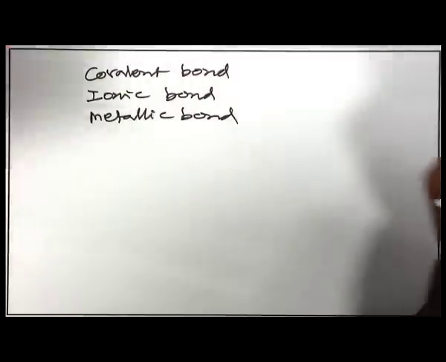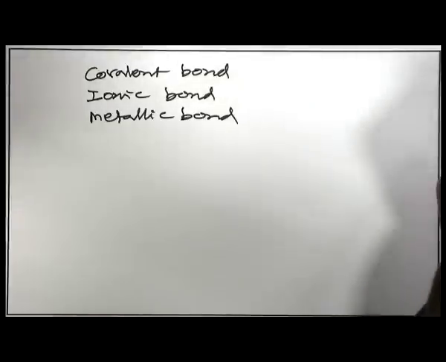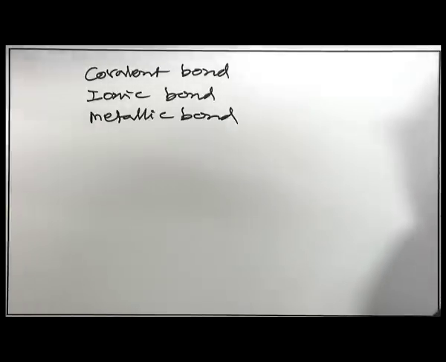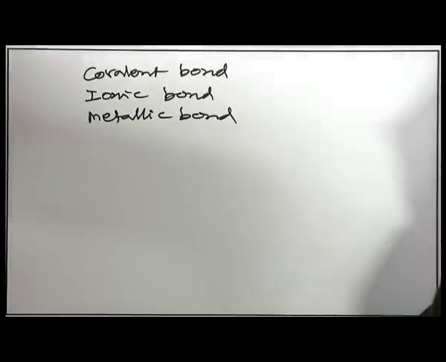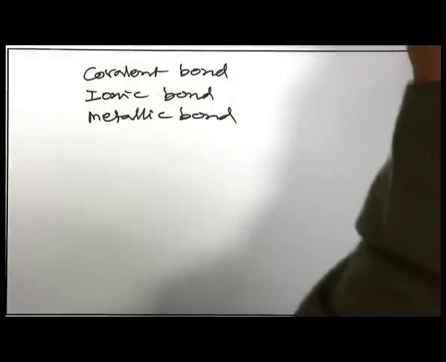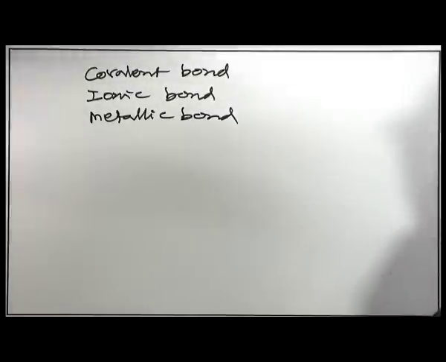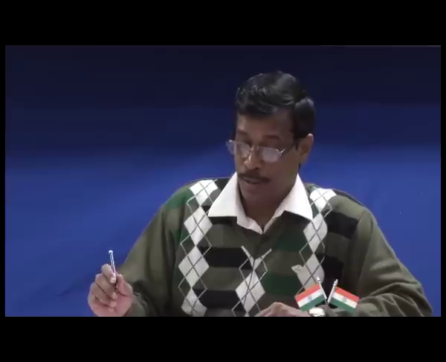These are the three major types of bonds in chemistry, using which one can understand the properties of molecules. So, what is a covalent bond? A covalent bond is formed between two atoms, for example, in the hydrogen molecule. Now we have some idea about what a covalent bond is. We will see more about covalent bonds later on.